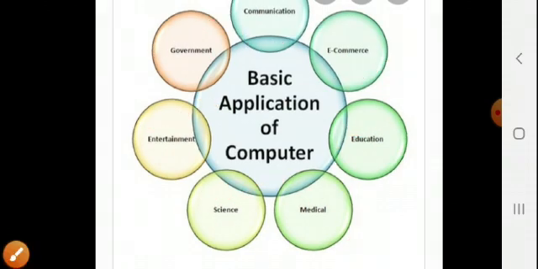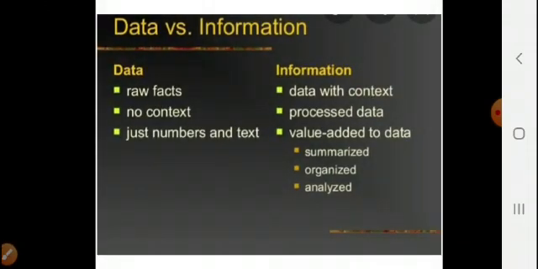Then data and information. So what is data and what is information? Data are simply facts or figures, bits of information, but not information itself. It is a part of information but not information. Are you getting it now?